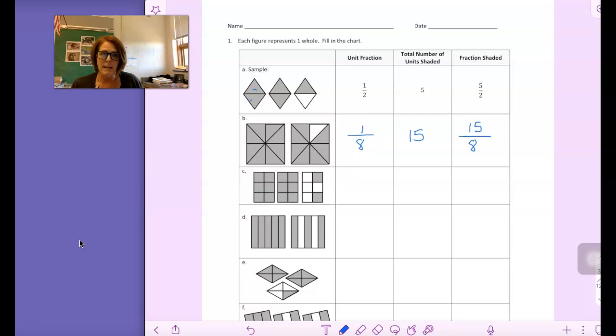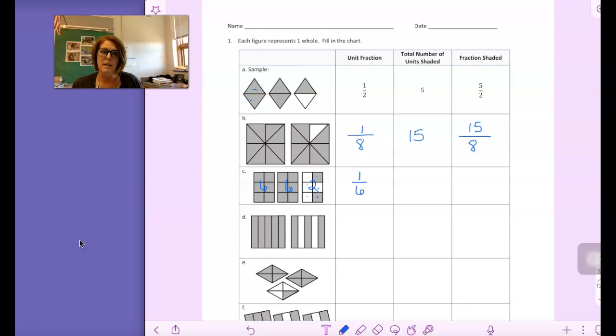Let's do letter C. I see we're doing a unit fraction, so the numerator is 1. Unit means 1. And I see that there are 1, 2, 3, 4, 5, 6 equal parts in each shape. So now we want to count the total number of units that are shaded. There are 6 in this one, 6 in this one because they're both wholes, and 2 in this one.